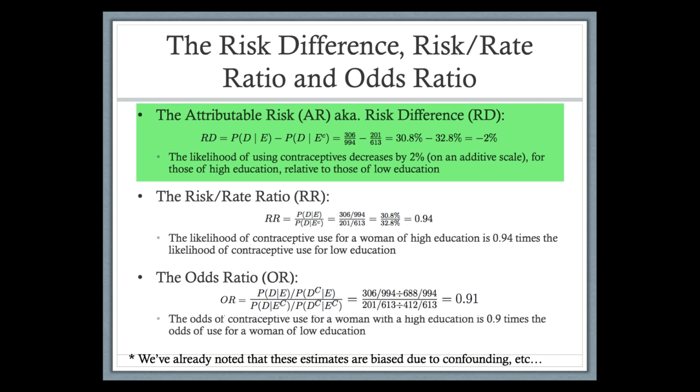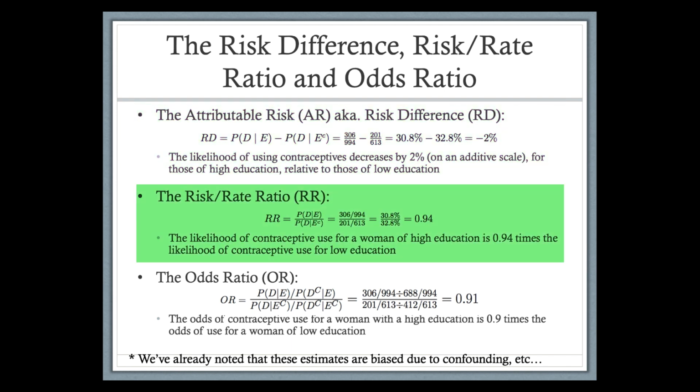And so here we can say the probability of using contraceptives decreases by 2% for someone who's highly educated relative to someone who's lowly educated. Someone of high education is using contraceptives 2% less than someone of low education. And again, we acknowledge that this is a biased estimate. We'll address that in a little bit.